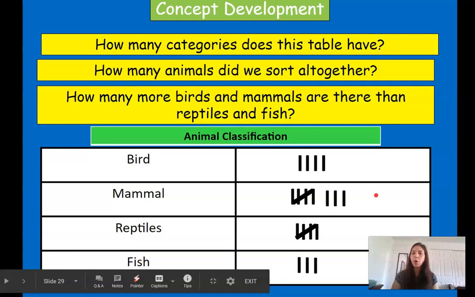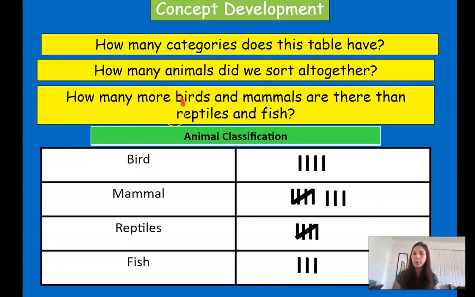How many more? Look at that word more. Remember, that's a key word when we're solving word problems. How many more birds and mammals are there than reptiles and fish? That's a lot of information that we have to figure out. So I know that I have to first add birds and mammals.